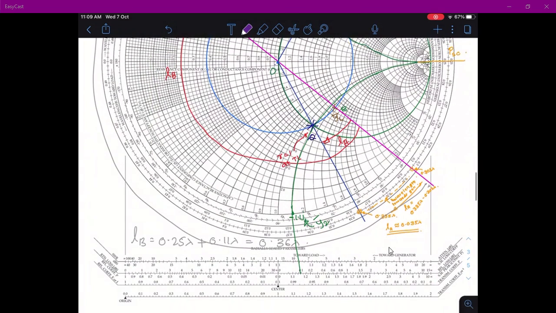So this is PSC and this is PSC and this is the point of your AB.